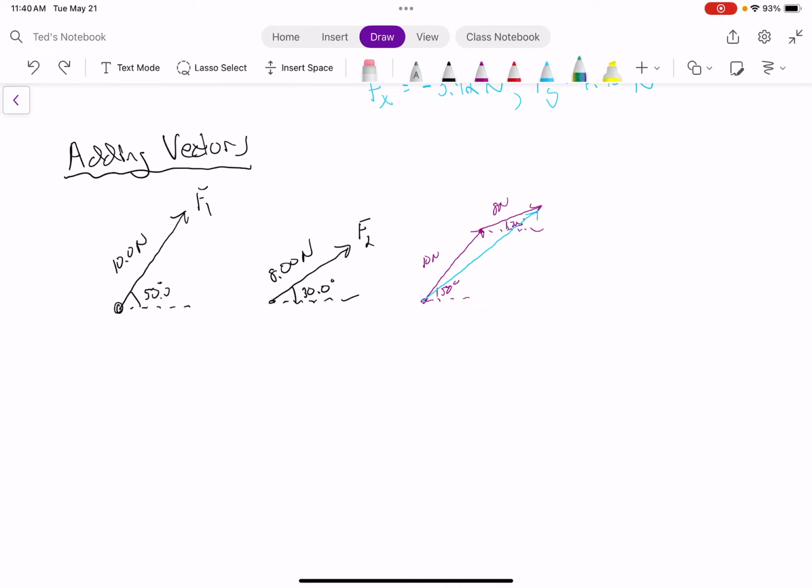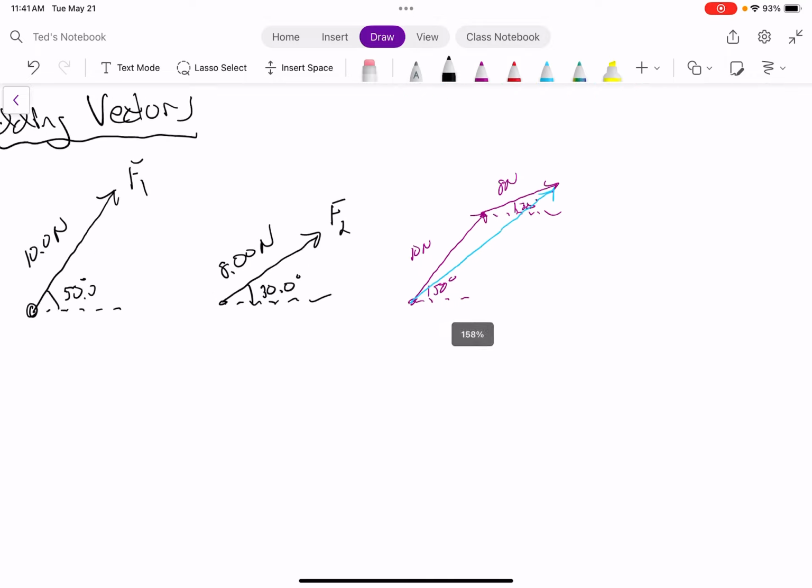Like if we call this A and we call this B and we call this C, if this was a right triangle, C squared would equal A squared plus B squared. It's not a right triangle, so there's a different rule called the law of cosines, and that works, and you can do that if you want to for your homework, that's fine, but that's not what I'm going to teach us. Instead, I'm going to teach us the component method.